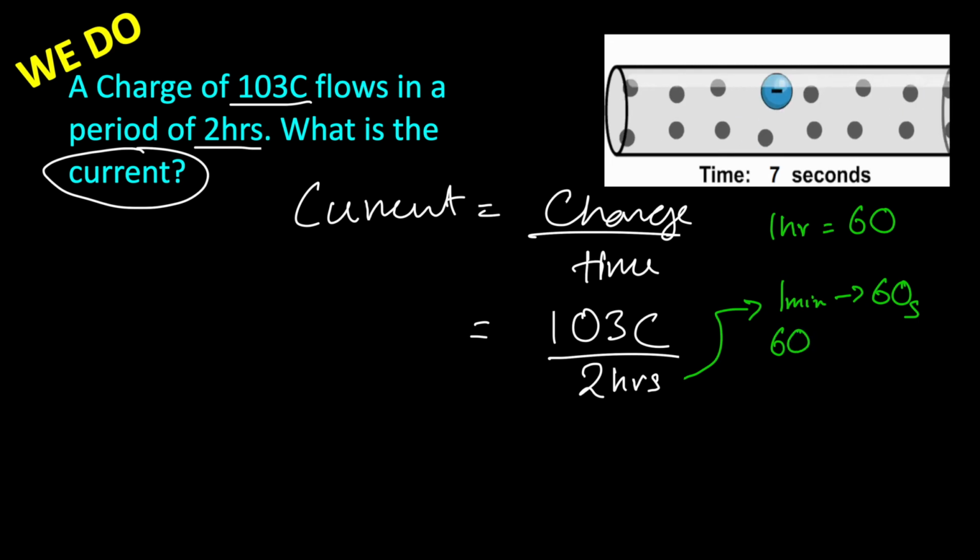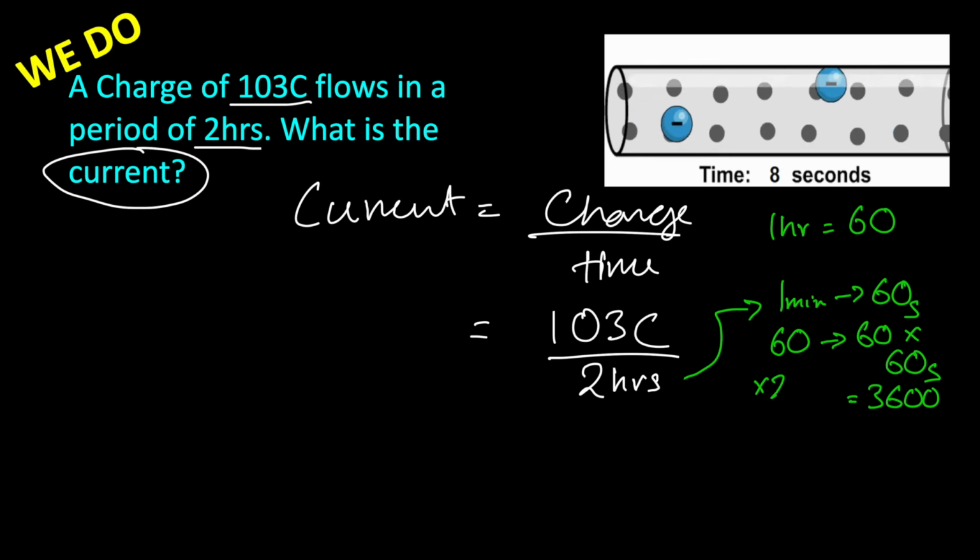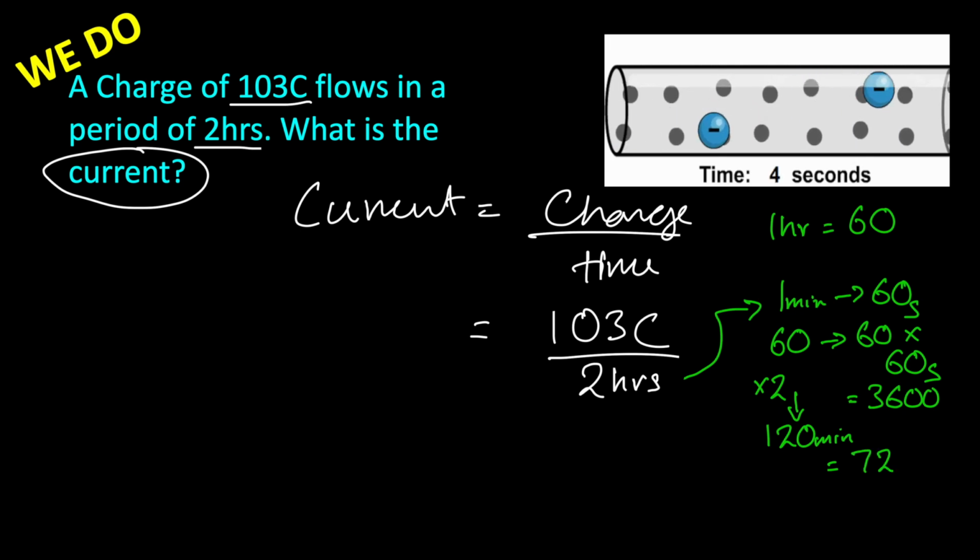So 60 minutes is 60 times 60 seconds, which is equal to 3,600. Therefore, 2 hours is 120 minutes, which is equal to 7,200 seconds.